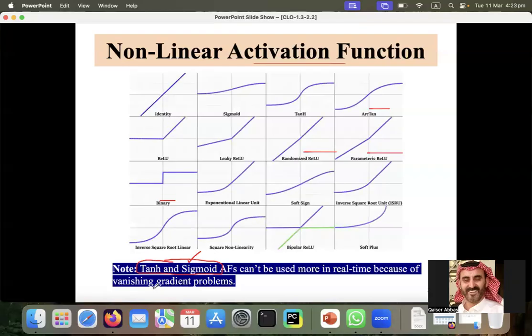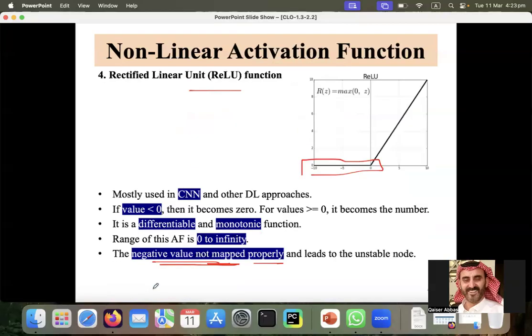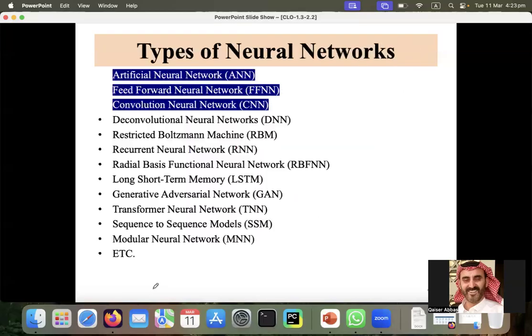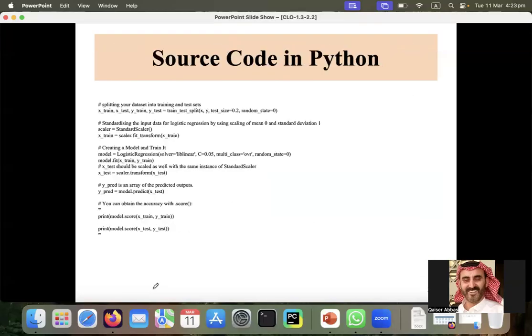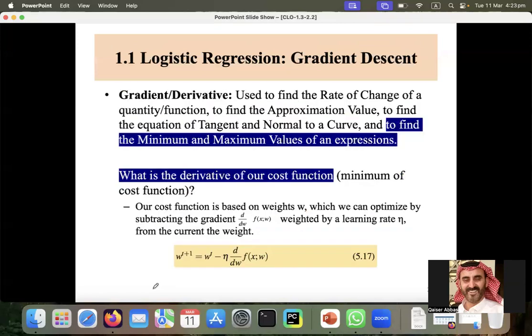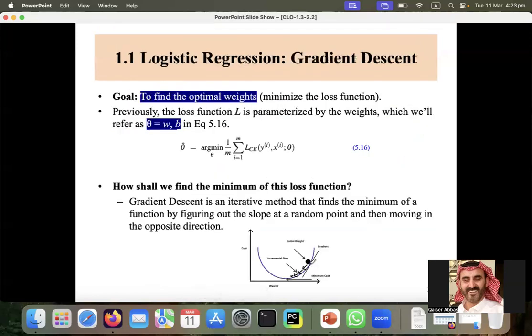This problem is about the gradient. If you look at the diagram which I presented in the logistic regression, this is the gradient for one point, and this is the derivative for another point, and another point, and another point.